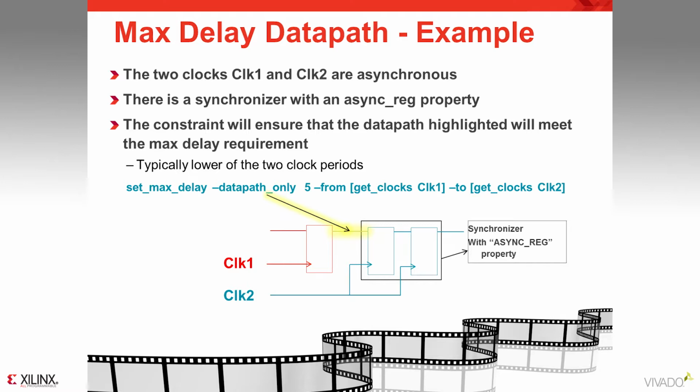With the max delay datapath only constraint and the async reg property on the synchronizer, we can ensure that the three registers are placed as close as possible to each other. Keep in mind that in order to use the set max delay constraint, you should have applied the set clock groups or the set false path exception constraint.